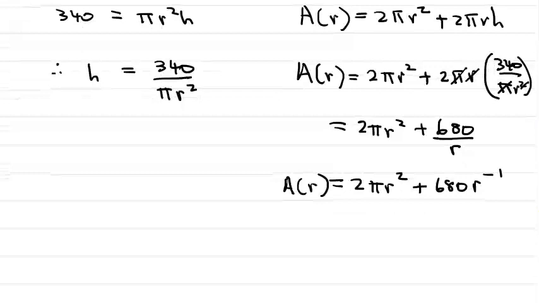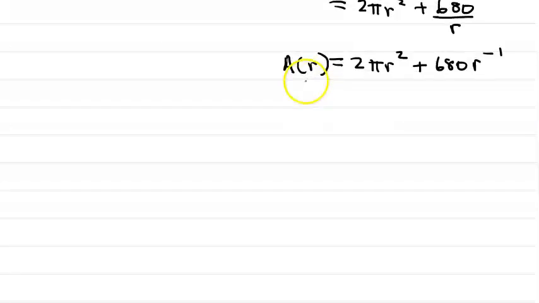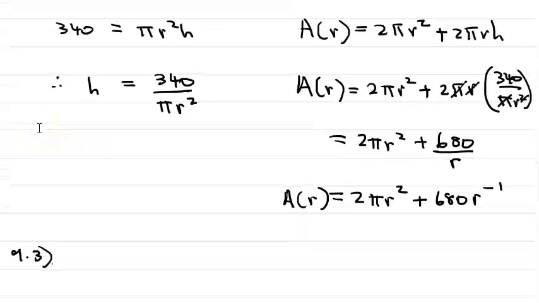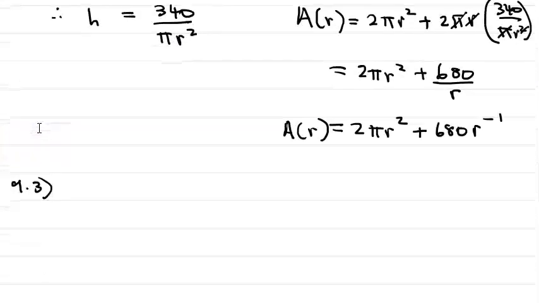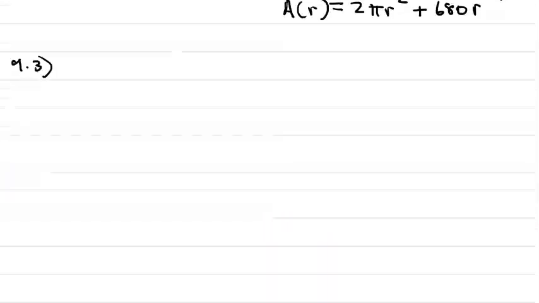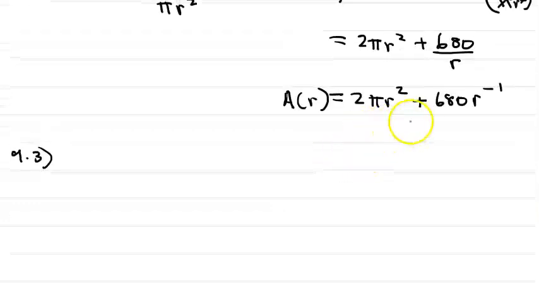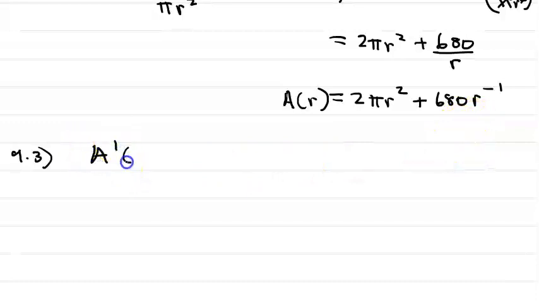Let's now find the derivative of our function. Remember that when you find the derivative, make sure that each term is in the form kx to the n, because we're going to be using the rule to find the derivative. Remember the rules for differentiation: no r terms in the denominator, no roots, etc. So therefore A prime of r equals 0.